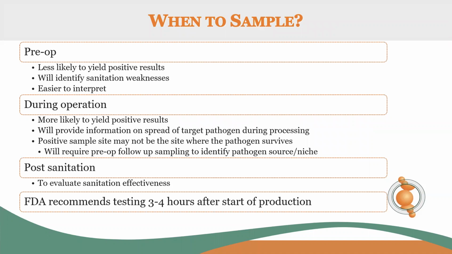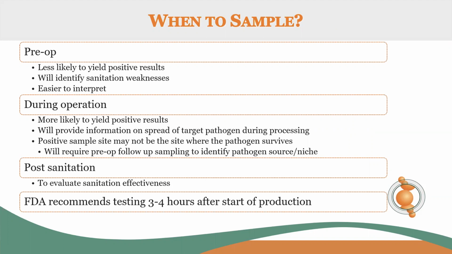So when exactly should we sample? When it comes to sampling, of course, this is a huge question. So when, where, how much do we sample? And like I said, right now we'll discuss when exactly do we sample. So during pre-op, in general, this data should be easier to interpret.